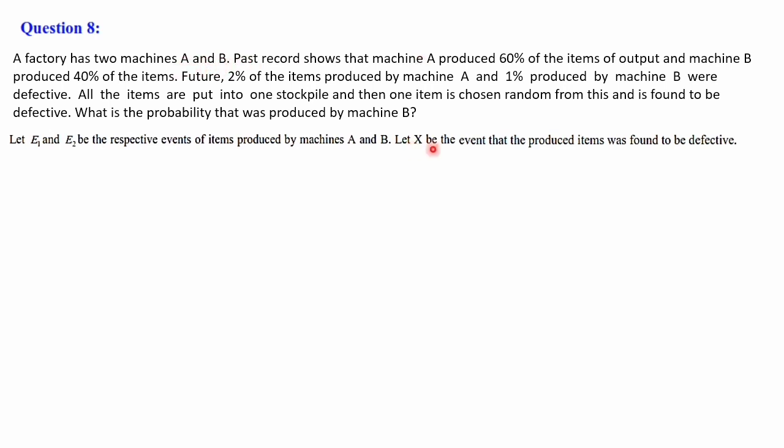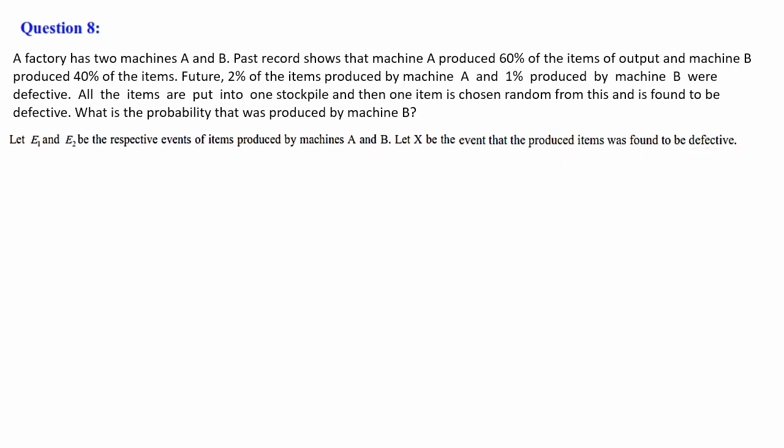So the other event we are taking as X. So E1 and E2 are the events that the items are produced by machine A and machine B, and X be the event that the selected item is found to be defective.